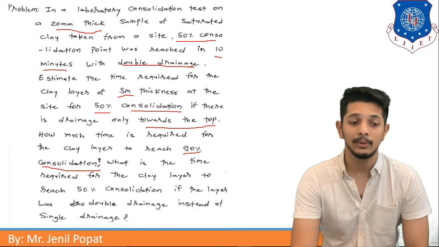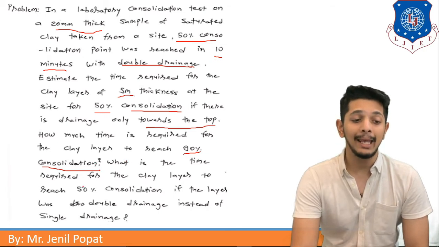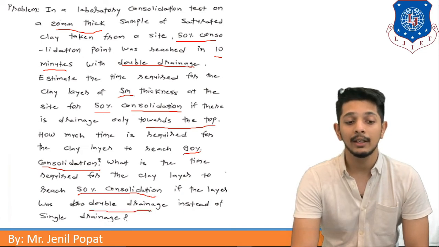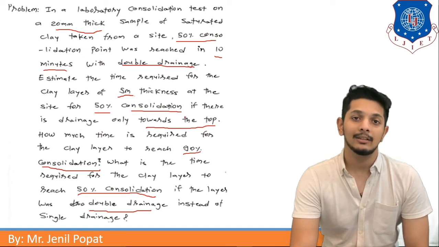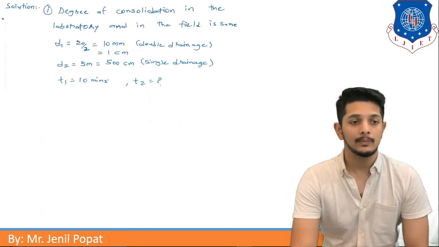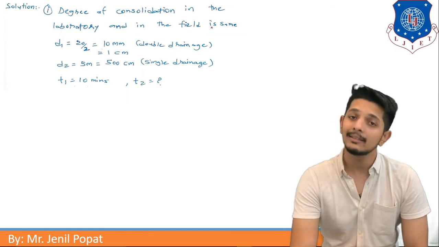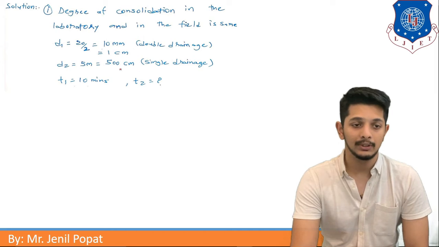So there is another question. And what is the time required for the clay layer to reach 50% consolidation if the layer was double drainage instead of single drainage? Let us solve the problem. So degree of consolidation in the laboratory and in the field is same, so it is 50%.